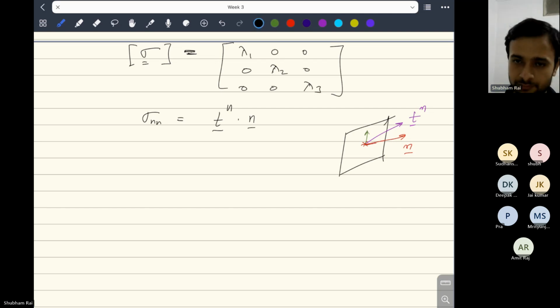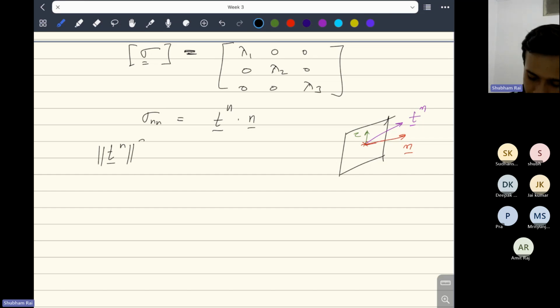We will only calculate the magnitude of the shear component, so let's say this is the shear component tau. You would already have studied this in the lectures; I'm just recapitulating. Since n and tau are perpendicular to each other and tn is the resultant vector, we can apply the Pythagoras theorem: the magnitude of tn squared will be equal to tau squared plus sigma n squared, right?